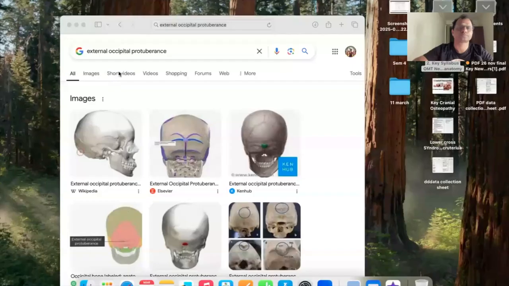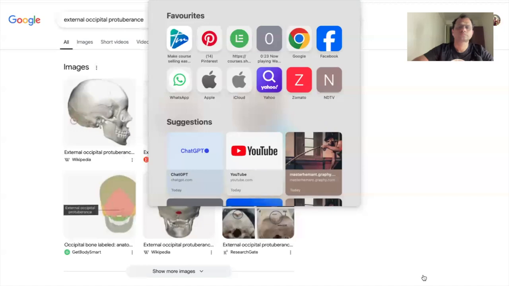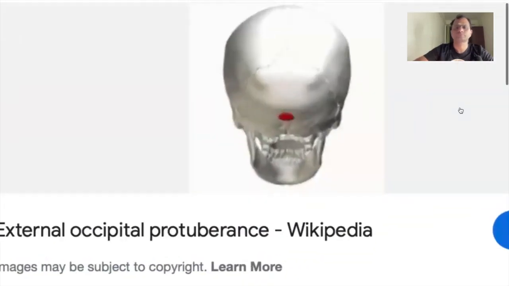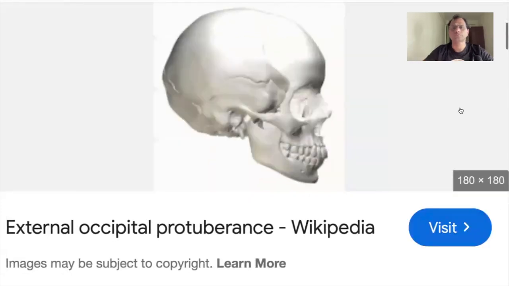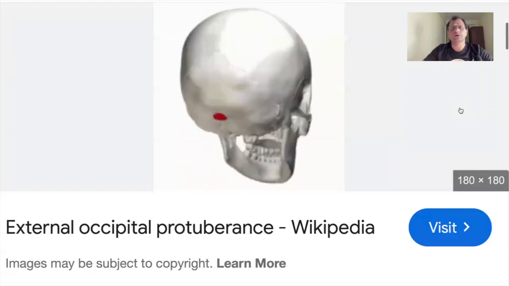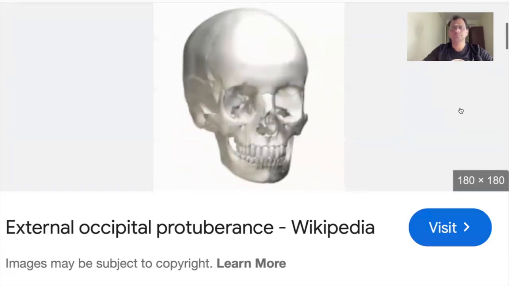You will find one elevated part that is called EOP, external occipital protuberance. We'll show you in the image. Let's see this image. We can see here. So the external occipital protuberance we will find here, one elevated part. Done.